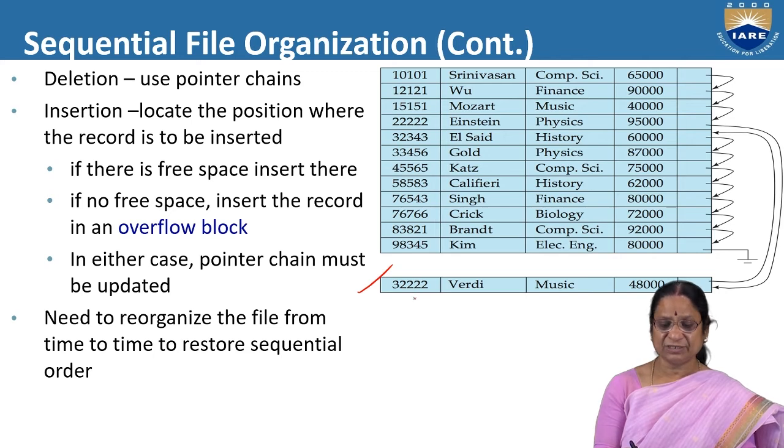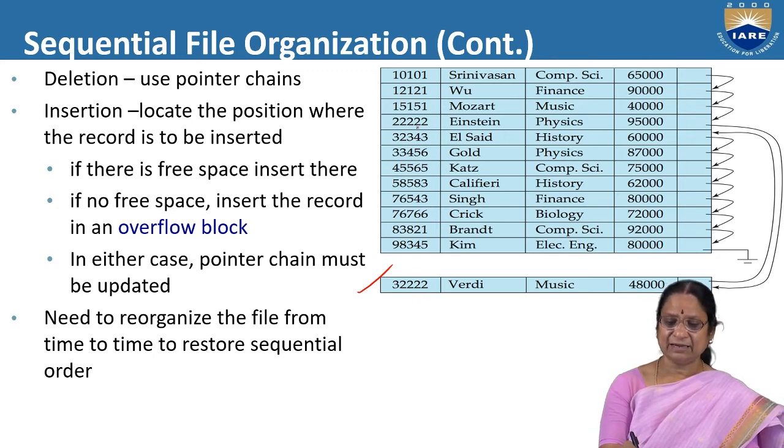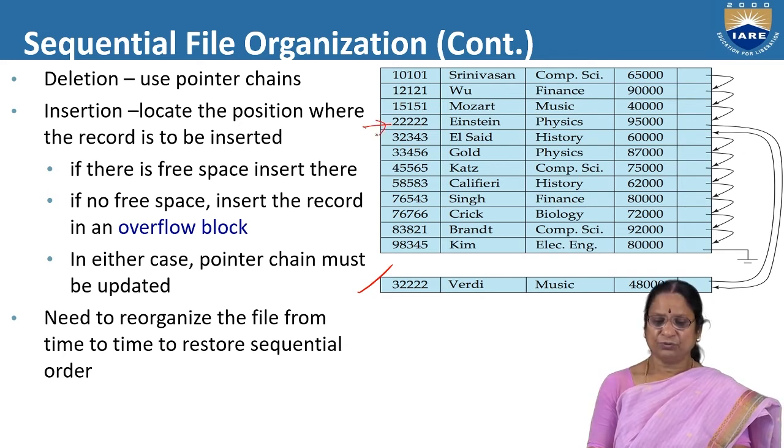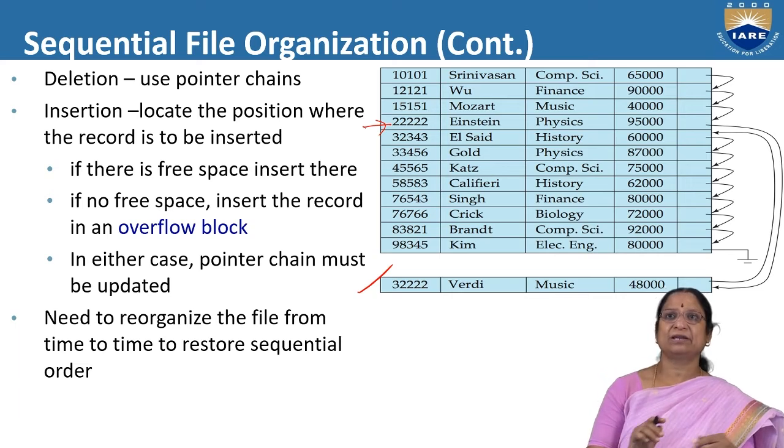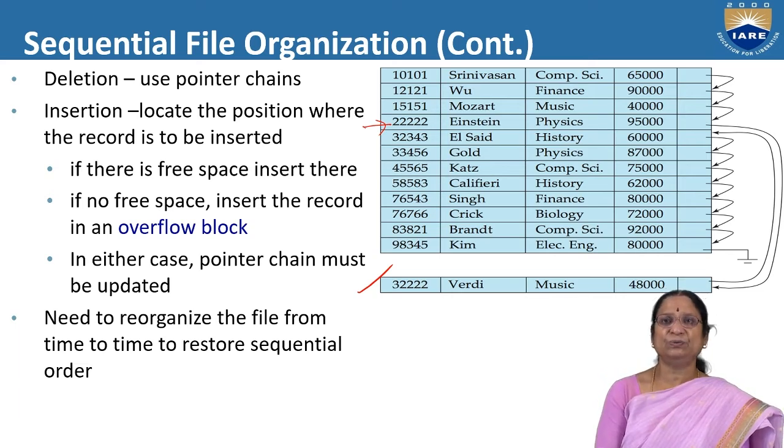What is the position of this 3, 2, 2, 2, 2? This can be placed in between the fourth record and fifth record. Because the fifth record key value is 3 to 3, and the fourth record key value is 2 to 2. So in between, this 3 to 2 is possible. In such cases, if you would like to insert, from the fourth record, the pointer is going to be pointing to here.